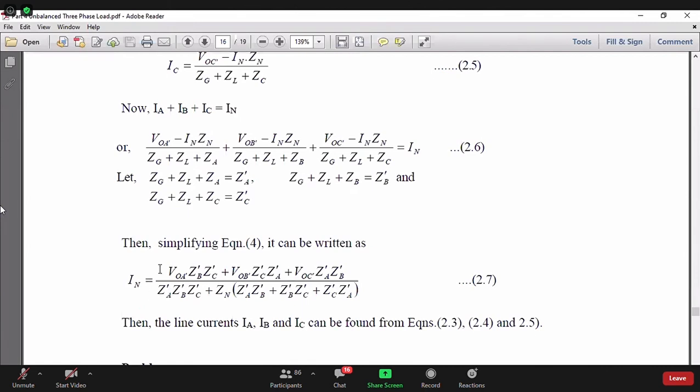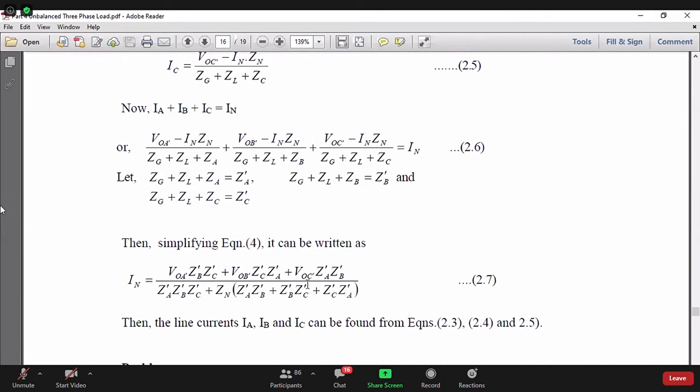And you will get an expression here for IN. Well, it is a complicated equation, but that can be calculated because on the right hand side, nothing is unknown. Voltages are the source voltages, which are balanced. Then all are the impedances. Impedances are known, because if impedances are unknown, we cannot calculate that.